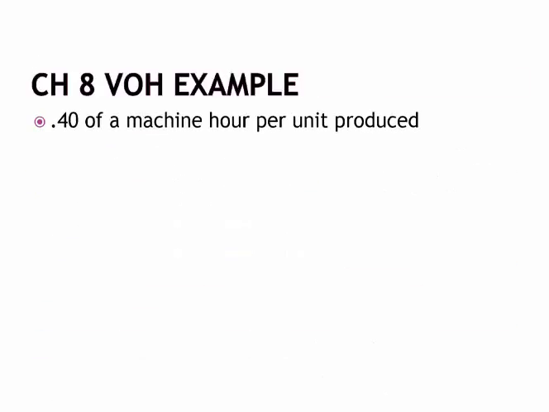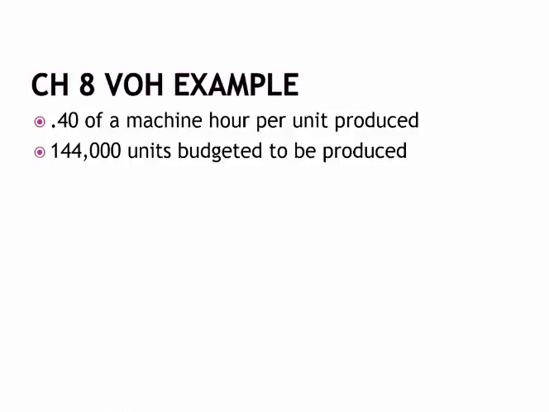All right, so in the Chapter 8 text, we've got an example where we've got Web Company and they make jackets and they expect 0.4 of a machine hour to be utilized for each jacket or unit produced.